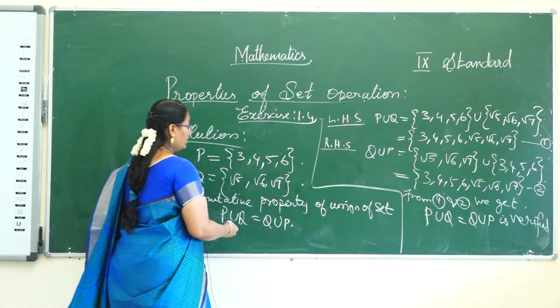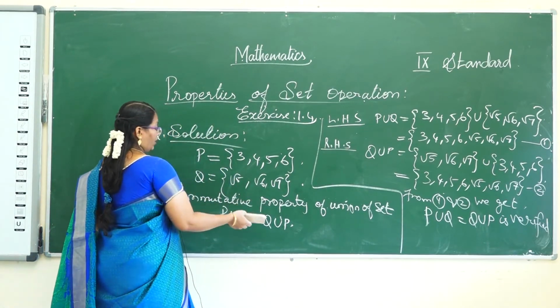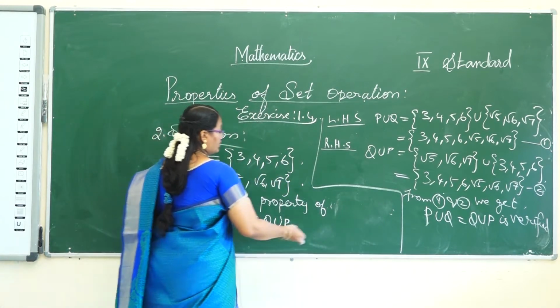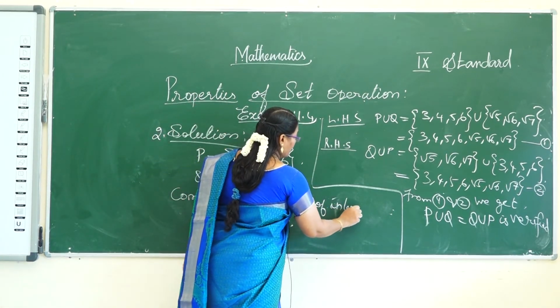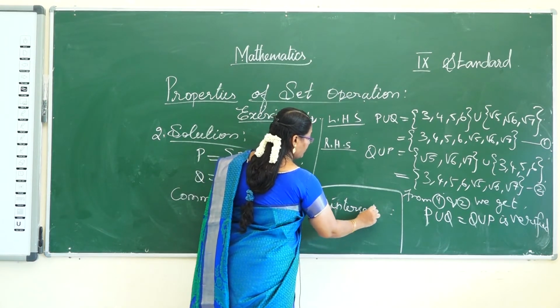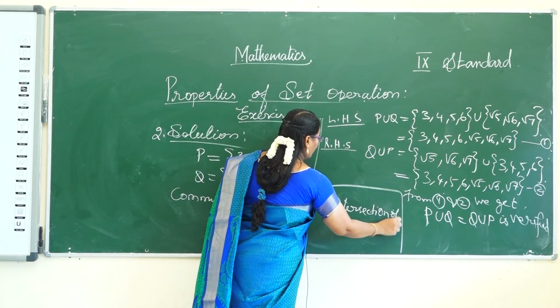And next one, commutative property of intersection of a set.